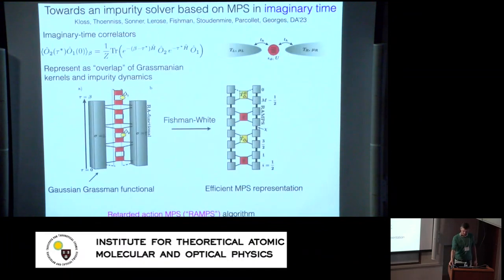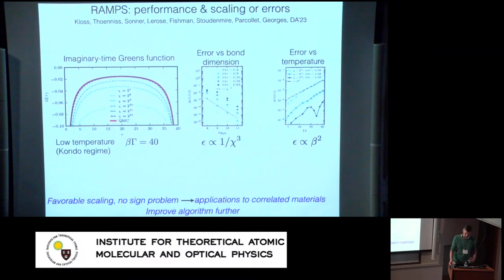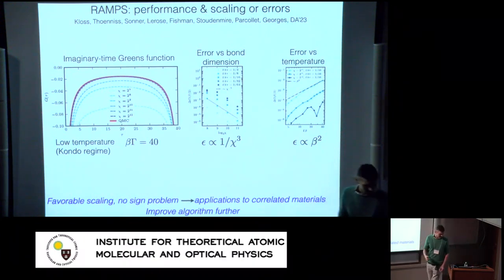Based on that, we also tried an imaginary time impurity solver together with the Flatiron team. Let me maybe skip that, but the bottom line here is that the scaling looks pretty optimistic, but we still need to improve further to try to attack some of the more complicated models.